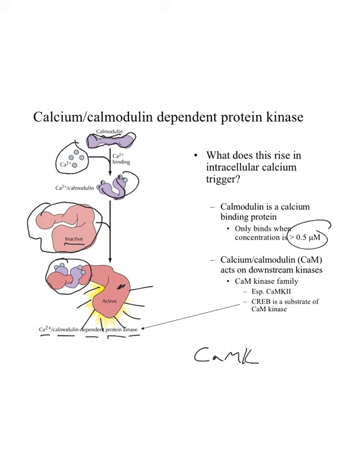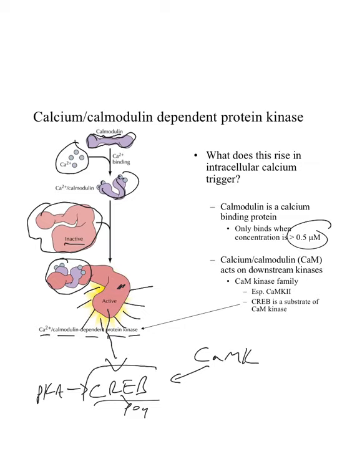So what's one of those things? Well, one of those things downstream of CAM kinase is CREB. And you'll remember CREB from the earlier part of this lecture. We saw CREB as a downstream target of cyclic AMP PKA. PKA could directly phosphorylate CREB. Well, it turns out activated CAMK can also directly phosphorylate CREB.